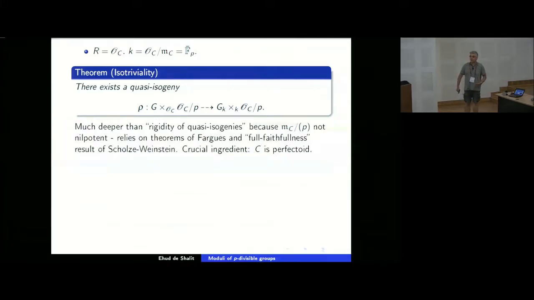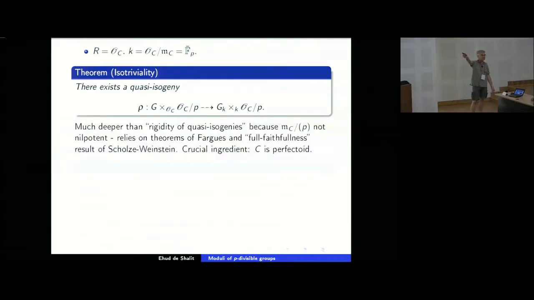what does it say? It says that if you mod out by p, okay, so O_C over p, of course, is not a field. It has lots and lots of nilpotents. So if you mod out by p, then the reduction of G modulo p, which is the left-hand side, is quasi-isogenous to the isotrivial p-divisible group, which is the reduction of G all the way modulo the maximal ideal, but then base changed from F_p bar to O_C over p.